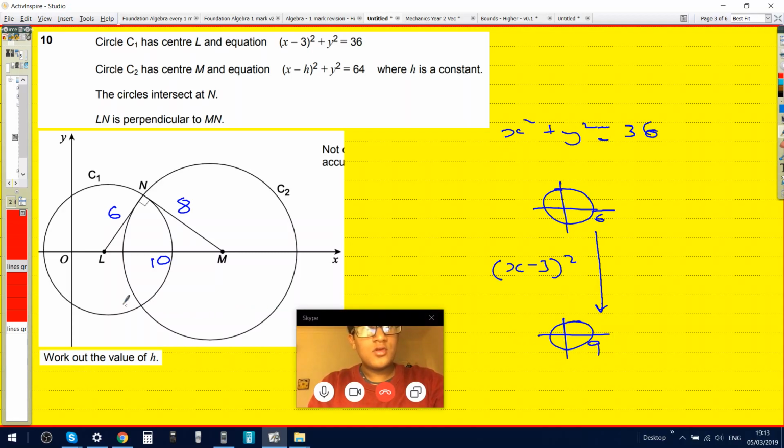And so what letter does that match up with? M. Oh, wait. Sorry, yeah, its center is the most important thing. Sorry, what's its center then? Yeah, the center is 3, 0. And so then what is M? Then you know that M is 13. Oh, well, the whole thing is 13. And so can we use that to get H, or what is H? Minus h squared plus y squared equals 4.